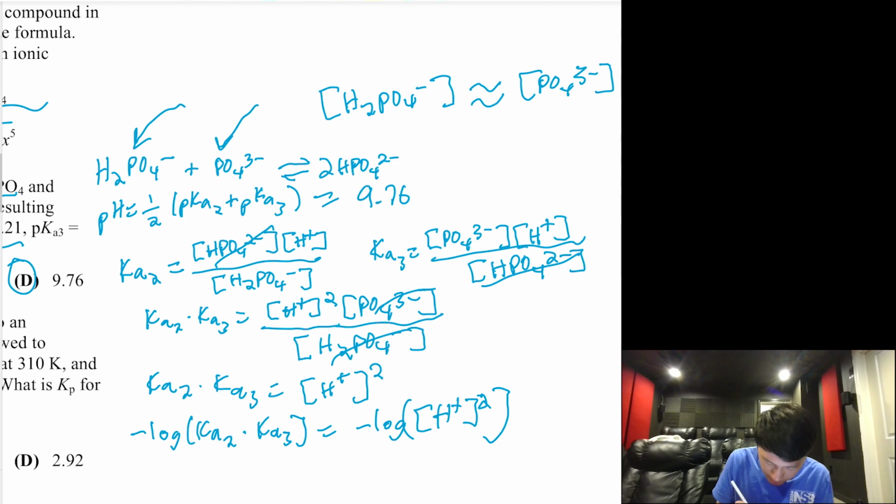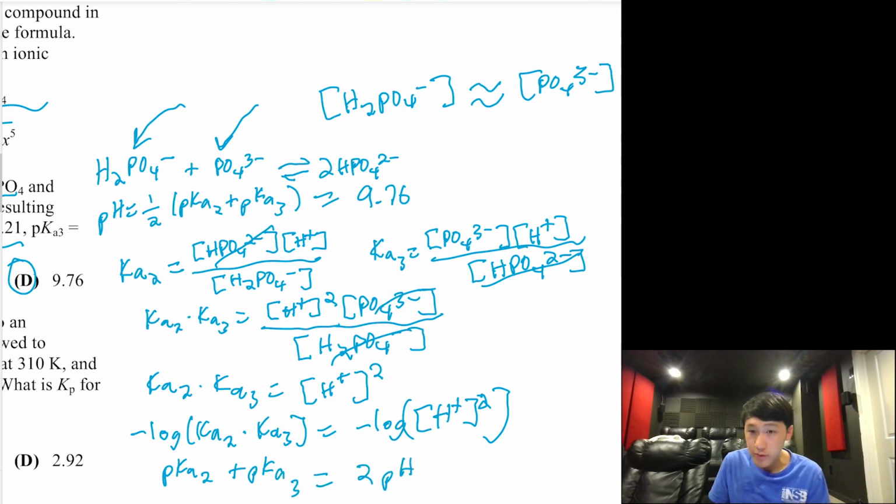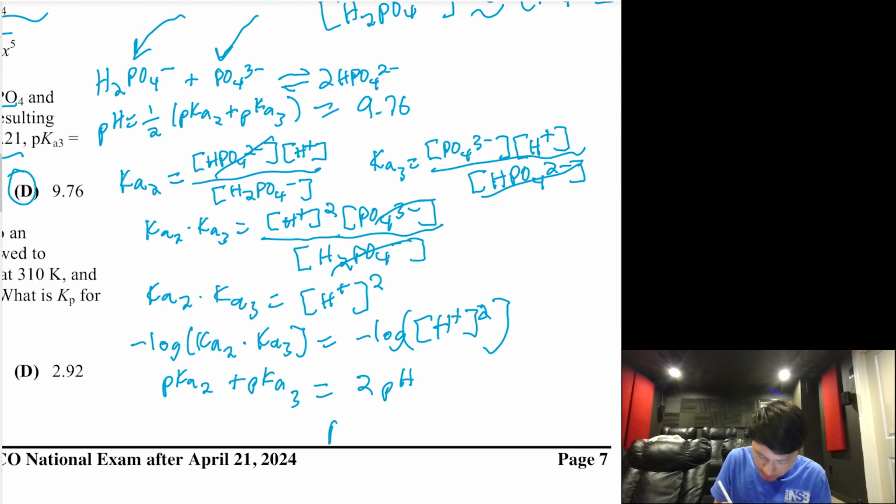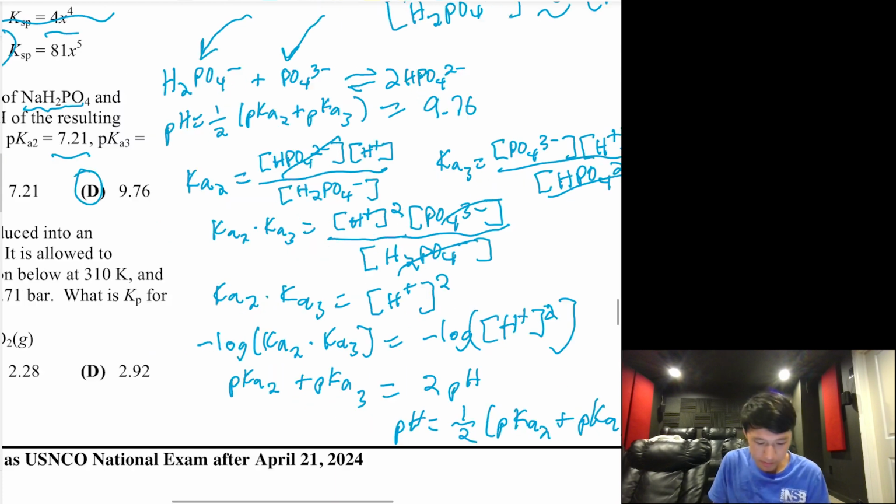So this becomes pKa2 plus pKa3 equals 2 times pH. And if we divide both sides by 2, we get our final expression where pH equals the average of pKa2 and pKa3. So we know our equation works.